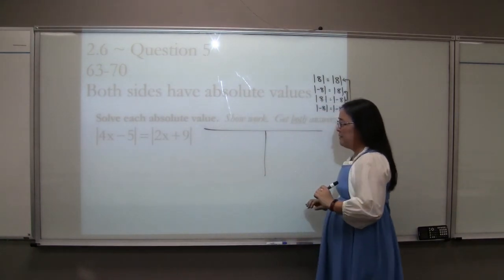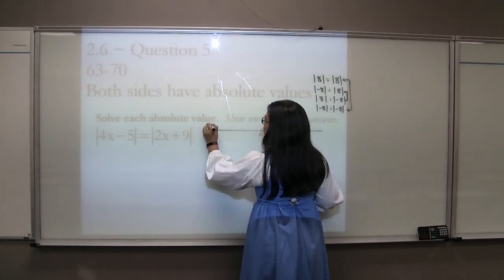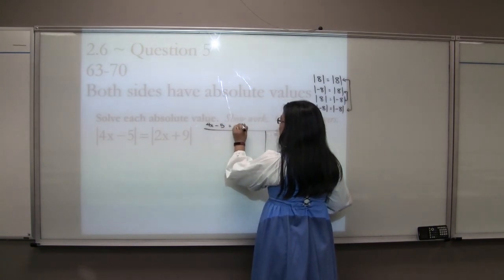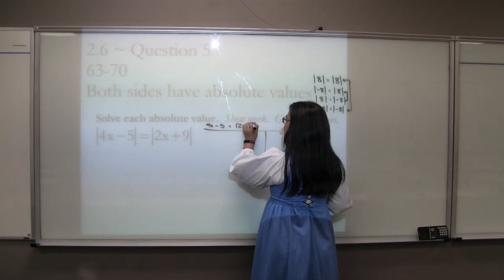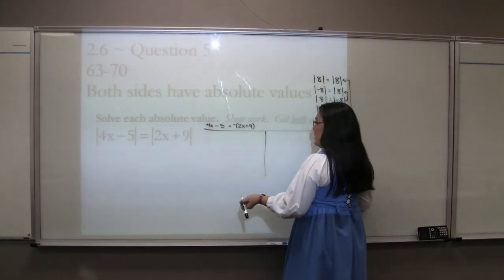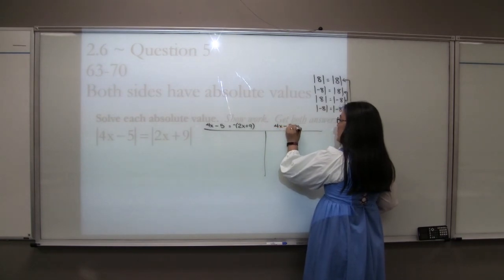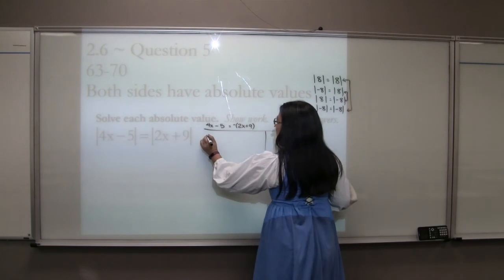And we're going to have 4x minus 5 equals 2x plus 9. And I'm going to make one of the sides negative. Normally, we make the right-hand side negative, and then 4x minus 5 equals 2x plus 9. Here, we would distribute.